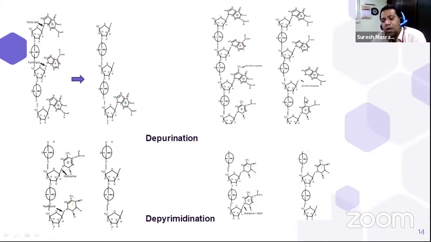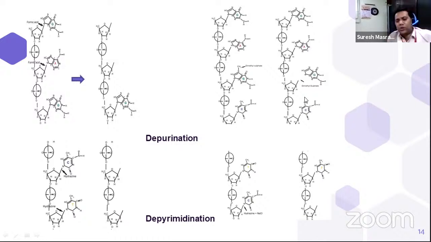Thus, if we add dimethyl sulfate, it only cuts the guanine, separating the guanine molecule from the single-stranded DNA.